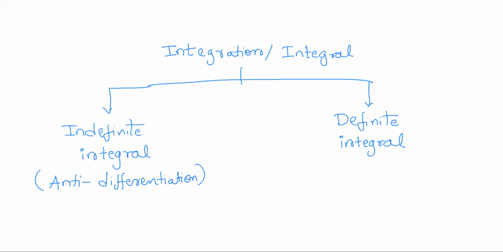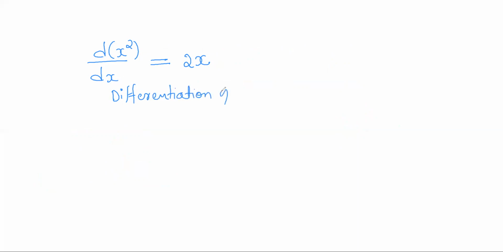For example, I'll consider differentiation of x square with respect to x. Differentiation of x square with respect to x is 2x. We know that. The same sentence can be written as derivative.